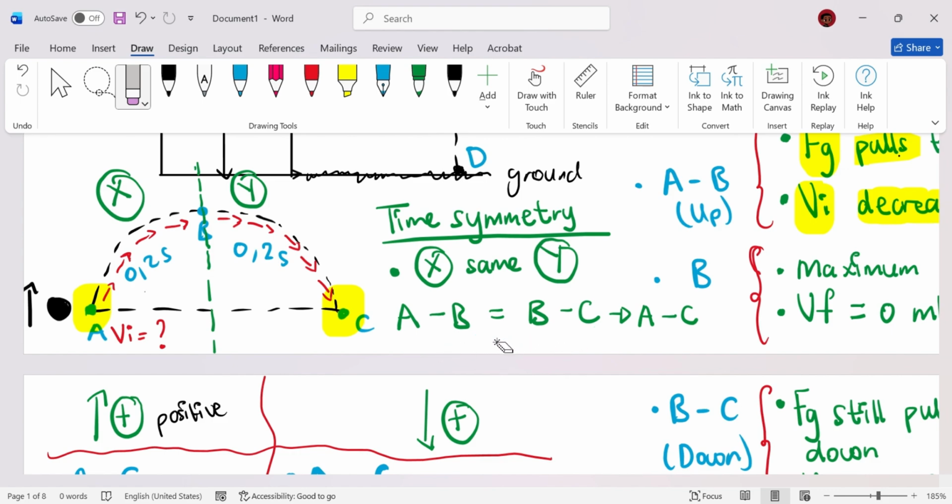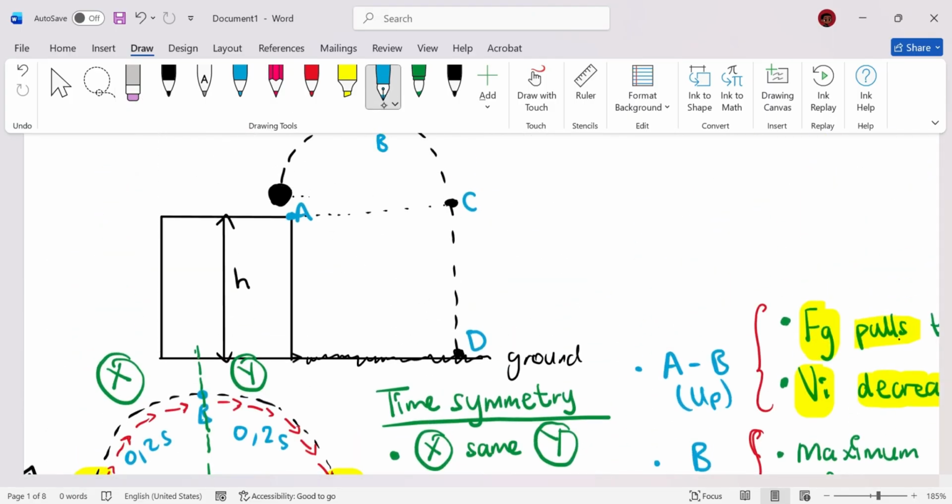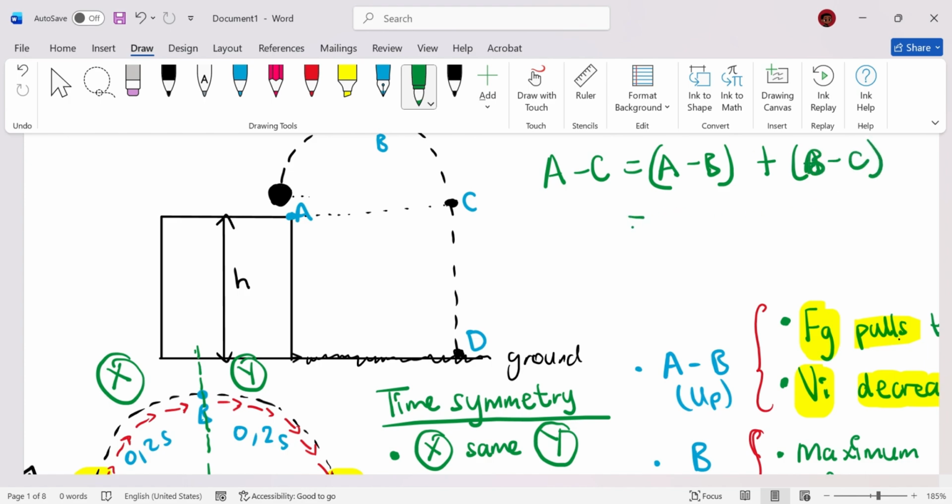So it is very important that you understand how time symmetry works. The time from A to B must be equal to the time from B to C. However, for the time from A to C, I think it's best if I write it in a mathematical manner. I'm basically saying that the time from A to C is equal to the time from A to B plus the time from B to C. If A to B was 0.75 seconds, that means the time from B to C must also be 0.75 seconds because of time symmetry.